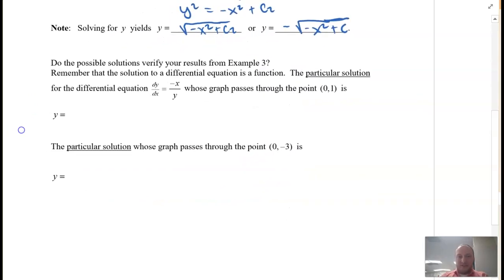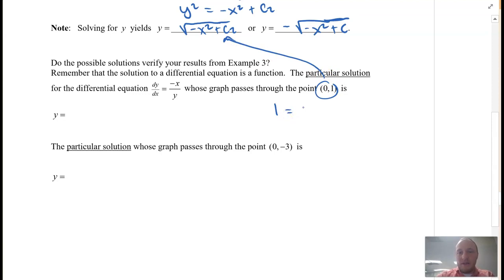Here it says, remember that the solution to a differential equation is a function, and the particular solution will pass through a certain point. So I want to solve. What about through the point (0, 1)? Notice that this point has a positive y value, so I'm going to use my first equation and plug it in here.